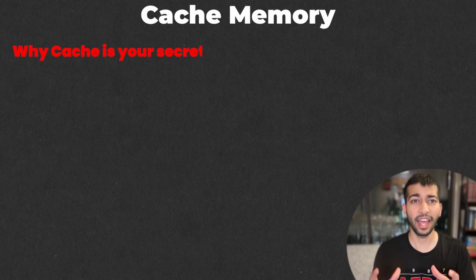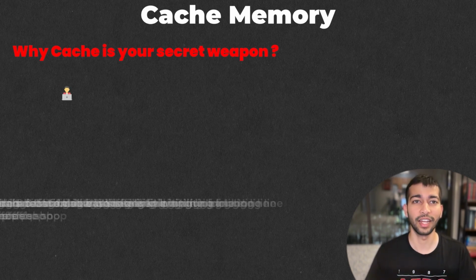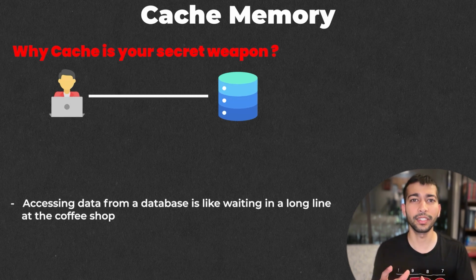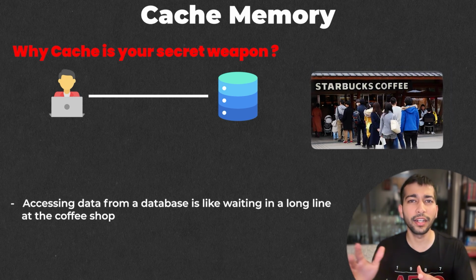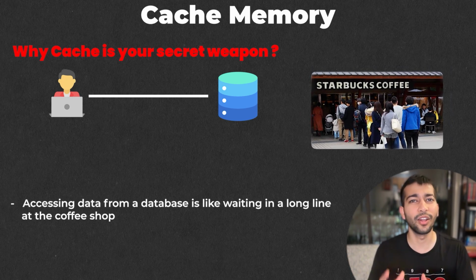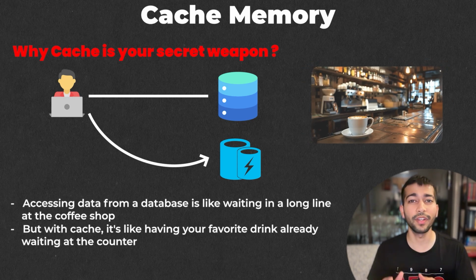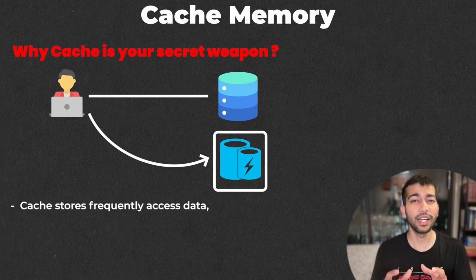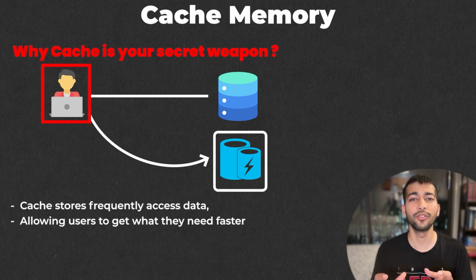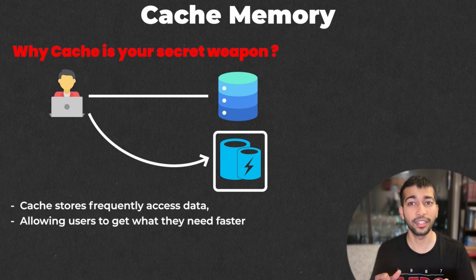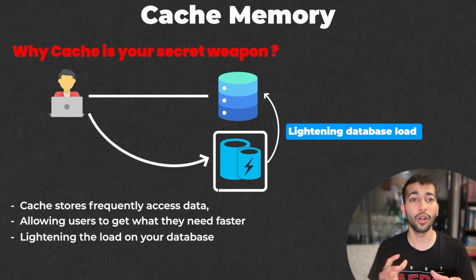So, why is cache your secret weapon? Accessing data from a database is like waiting in a long line at the coffee shop. It takes a lot of time. But with cache, it's like having your favorite drink already waiting at the counter. Cache stores frequently accessed data, allowing users to get what they need faster and lightening the load on your database.